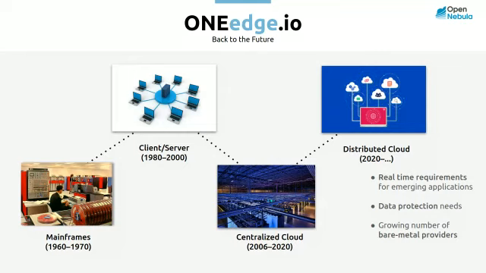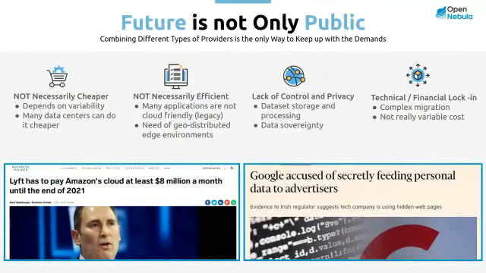Now, with edge computing and the emergence of a number of bare metal providers and requirements from specific applications and users, we're seeing a tendency towards the distributed cloud. That's where the edge becomes really useful, having bare metal providers that can give you the capacity to deploy services and applications at the edge. That's what we find really exciting, and that's what we are actually doing.